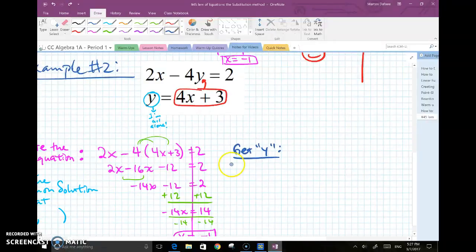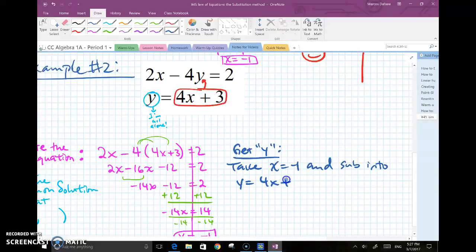So we're going to take x equals -1, and we're going to substitute that, sorry for my bad writing here, into y equals 4x plus 3.